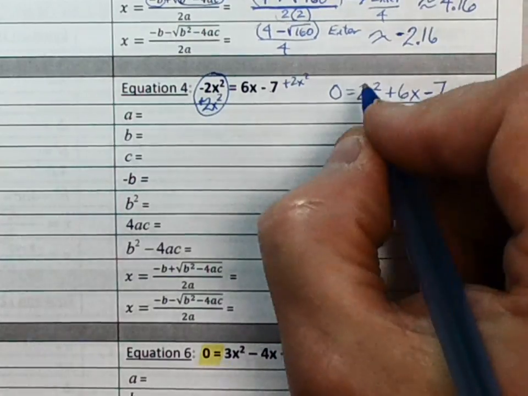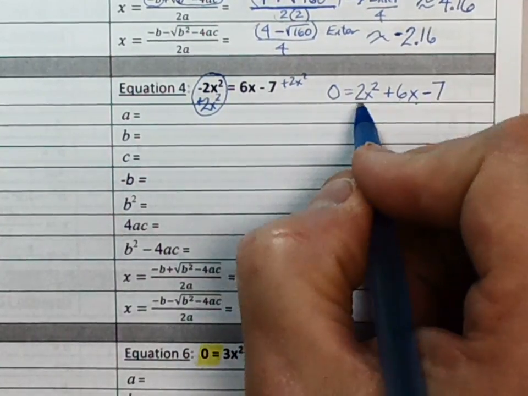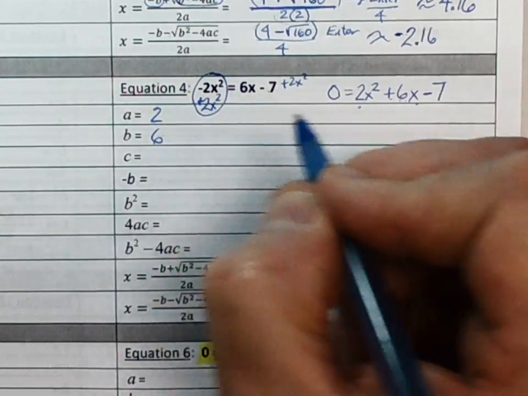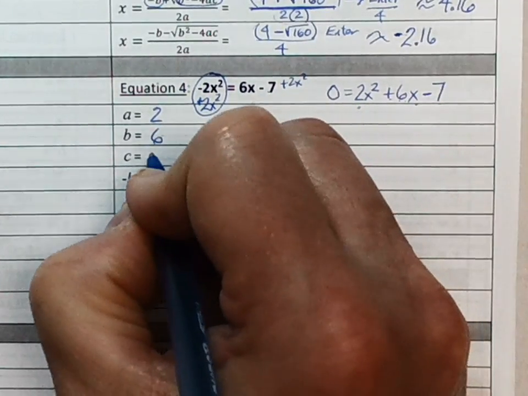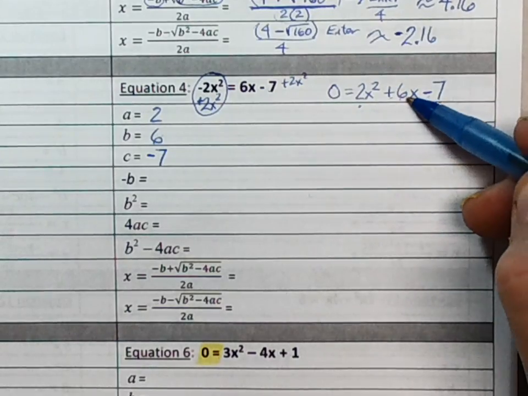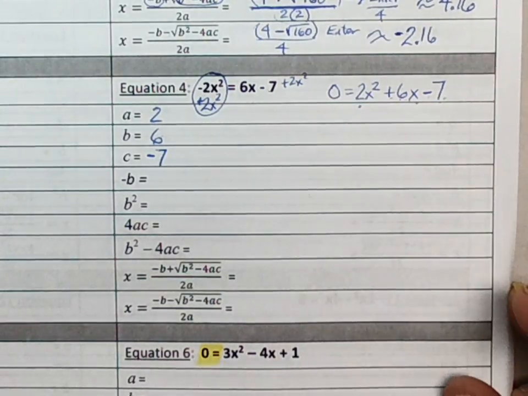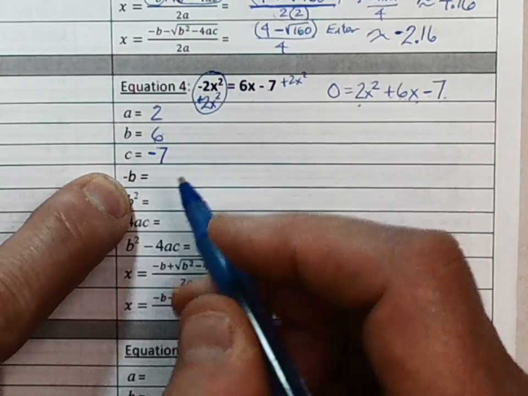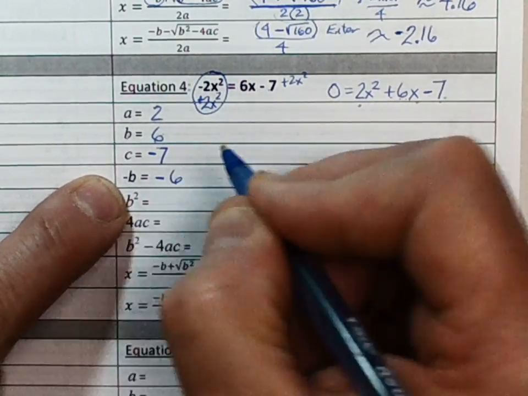All right, so A is 2, B is 6, and C is a negative 7. I'm taking the numbers in front of the quadratic, linear, and constant term. Okay? If B is 6, what's negative B? It's negative 6.